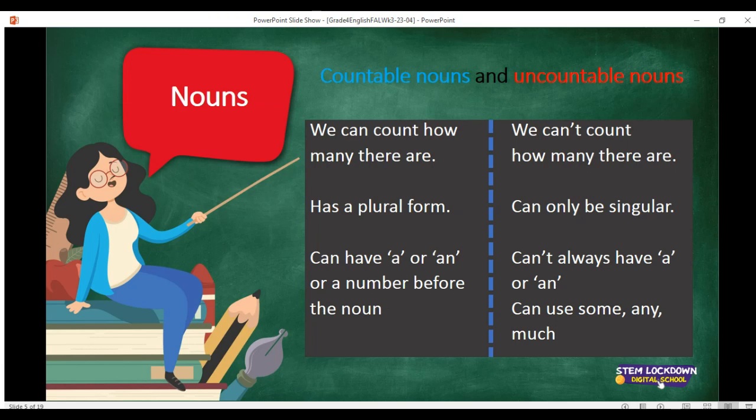So like I said, I can have a dog, or I can have 2 dogs. With uncountable nouns, we can't always have a or an in front of them, but I can use some, any, or much. So I can say Dad cut some grass. So it's not an exact number, but it's giving me an idea of he cut some grass.